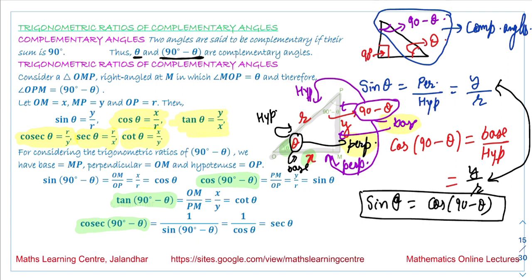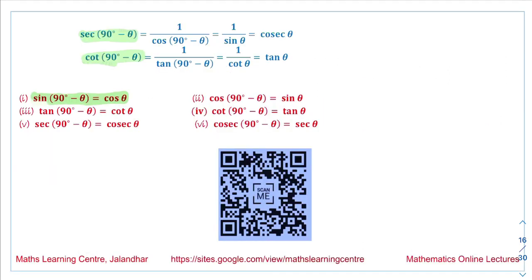What we get is shown on our next slide: sine 90 minus theta is equal to cos theta, tan 90 minus theta is equal to cot theta, secant 90 minus theta is equal to cosecant theta, cos 90 minus theta is sin theta, cot 90 minus theta is tan theta, and cosecant 90 minus theta is secant theta.